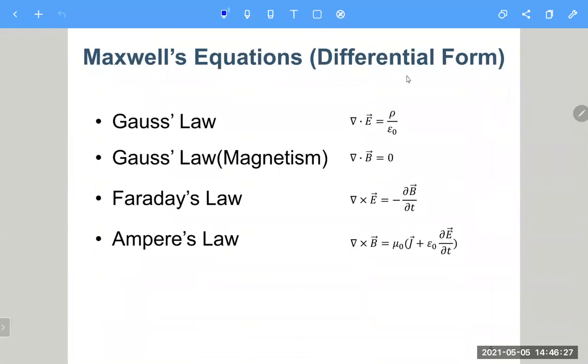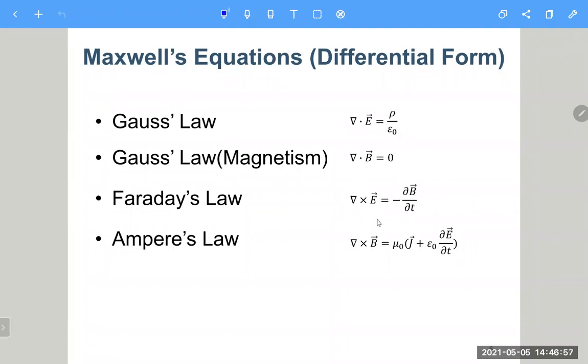So actually, the differential form of the Maxwell equations will be like this, 1, 2, 3, 4. So this is the Gauss law for electricity. This is the Gauss law for magnetism. We have this notation for the divergence. The divergence of E equals the charge density over epsilon naught. And then the divergence of the magnetic field is 0.